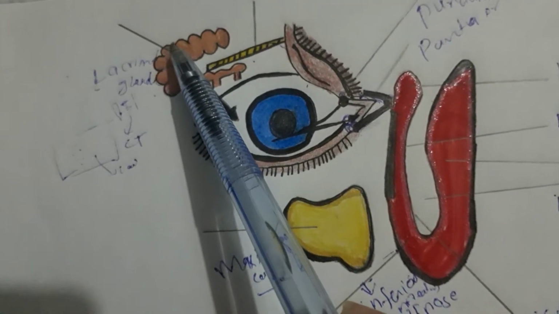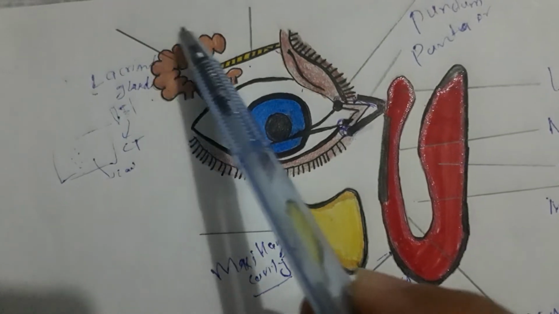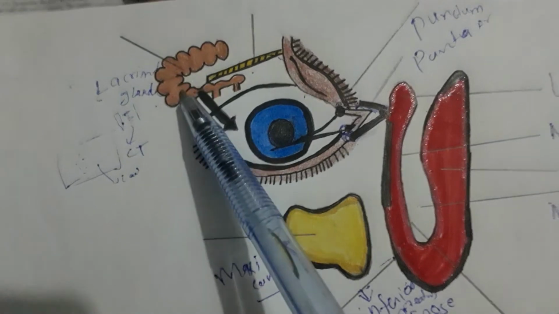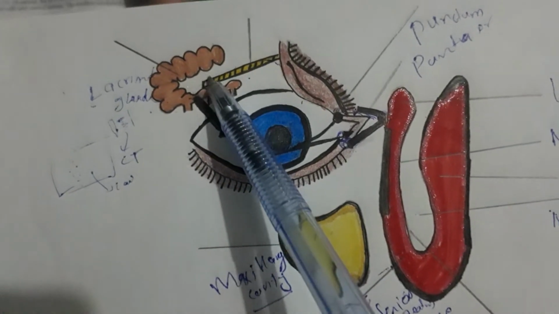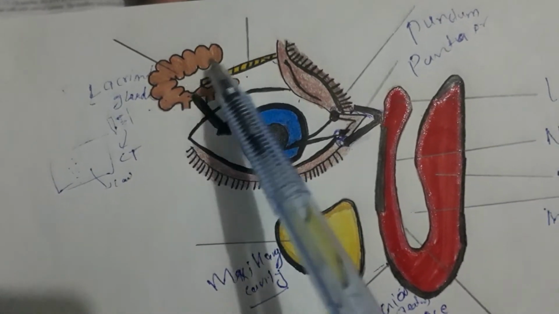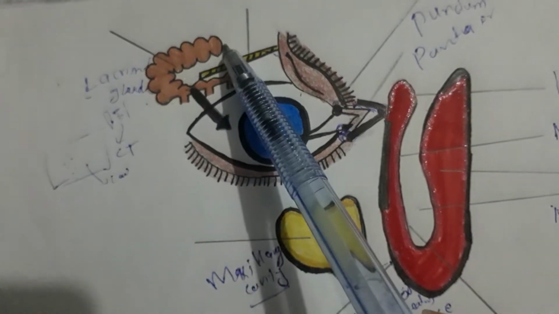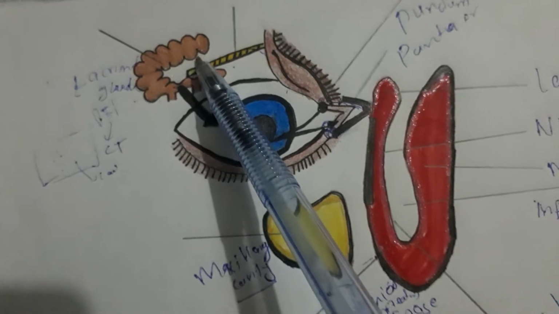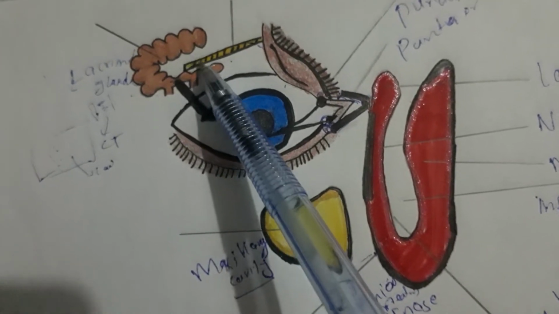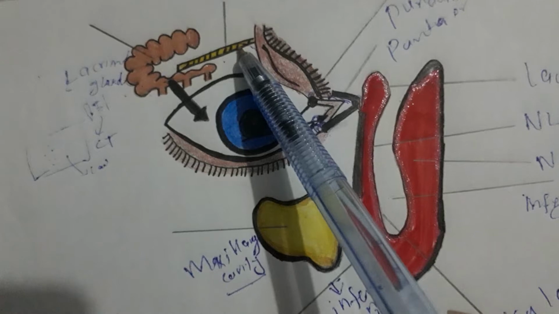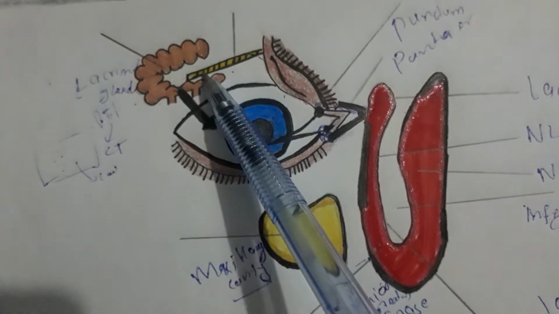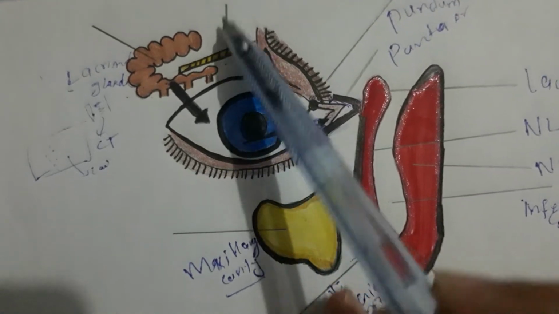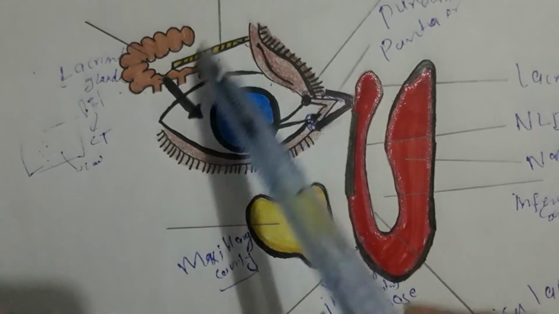It lies in the lacrimal fossa, in the lateral part of the roof of the orbit at the orbital margin, and inferiorly it is present above the levator palpebrae superioris (LPS) and rectus muscles.